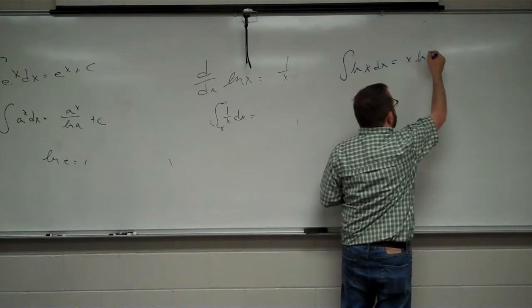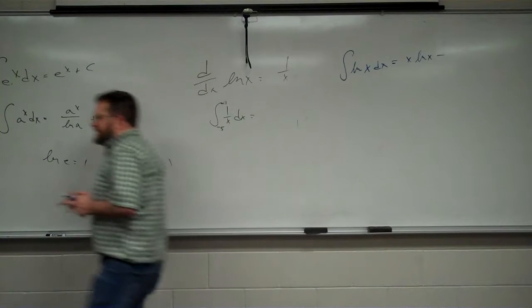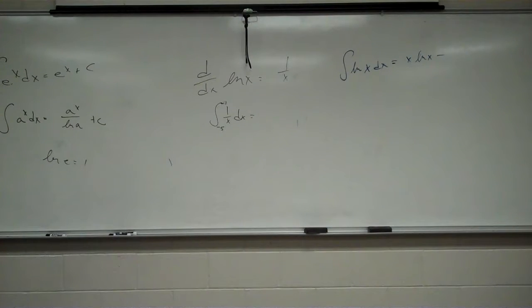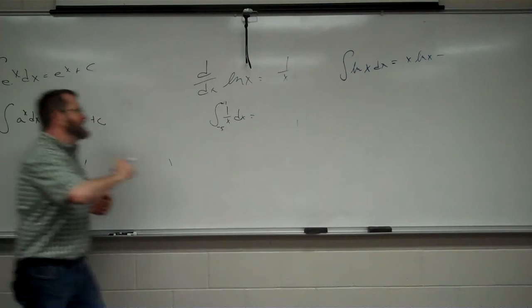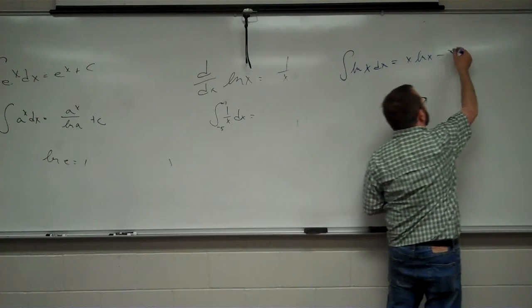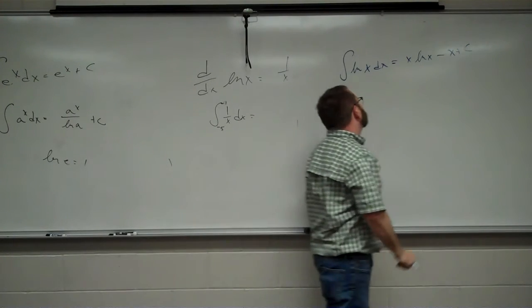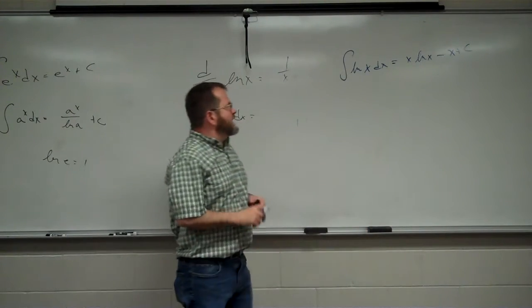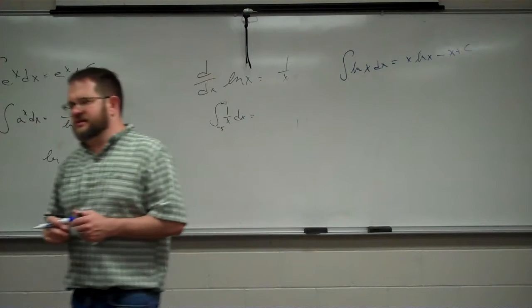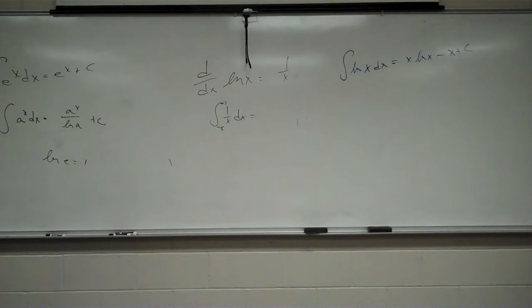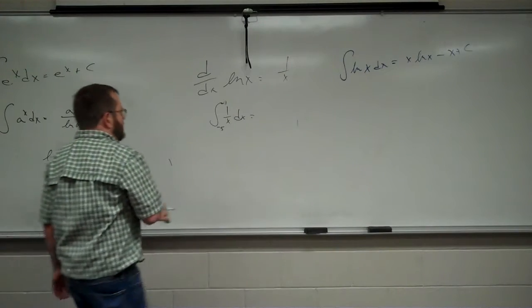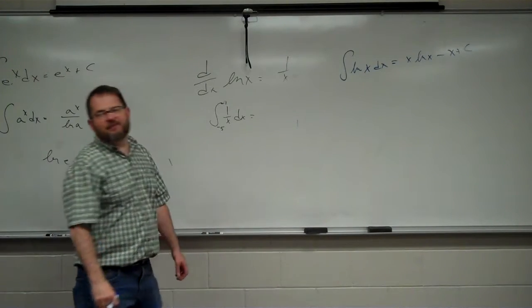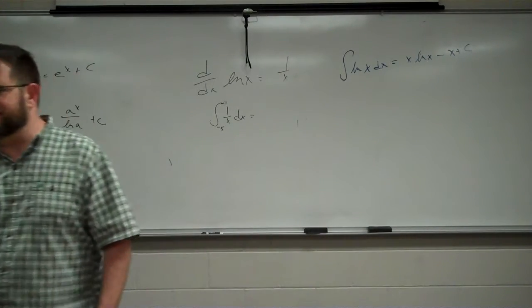It is x log x minus x plus c. x log x minus x plus c. I am way too dyslexic to get that one straight. I always have to just look that one up.